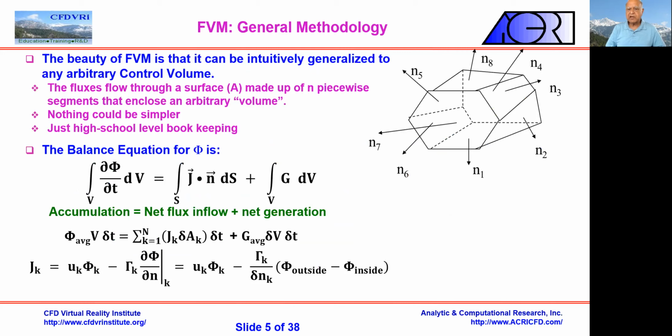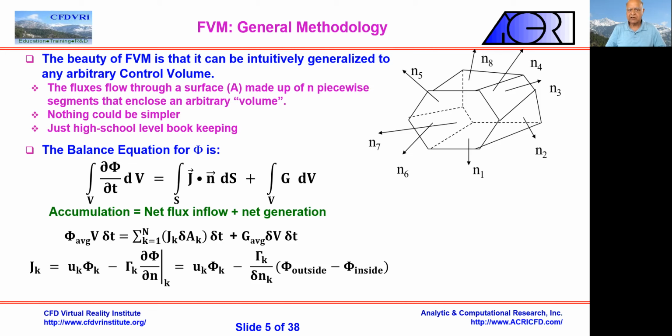So let's look at the methodology. Intuitively, finite volume can be generalized to any arbitrary control volume. Just for illustration, I'm showing you an 8-sided polygon here. It has 8 surfaces, numbered 1 through 8, and the fluxes flow through these 8 surfaces to 8 tanks which are connected to this tank, if it's inside.